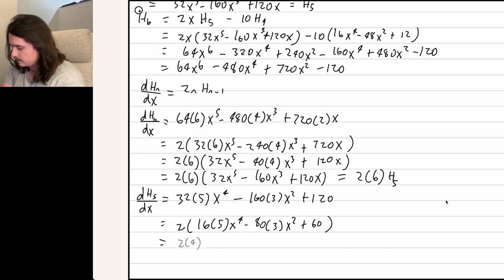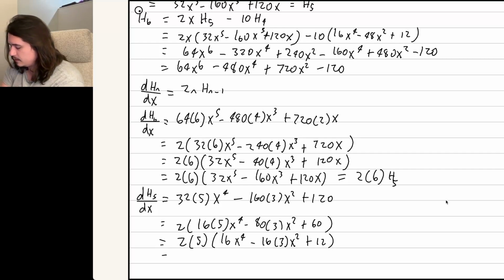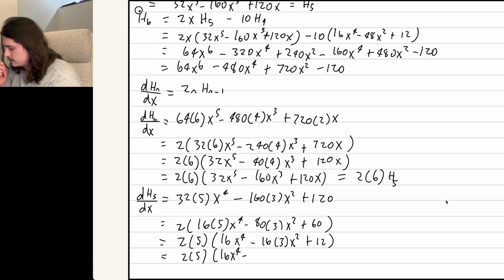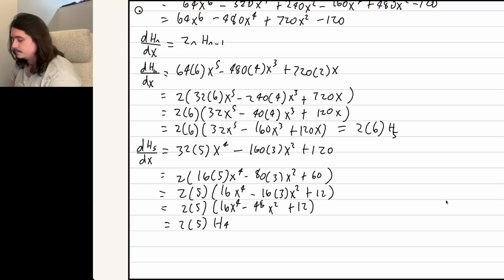We get to factor out a 5. So 2 times 5 times 16x^4 minus 48x squared plus 12. That is truly h4. So that works for me.